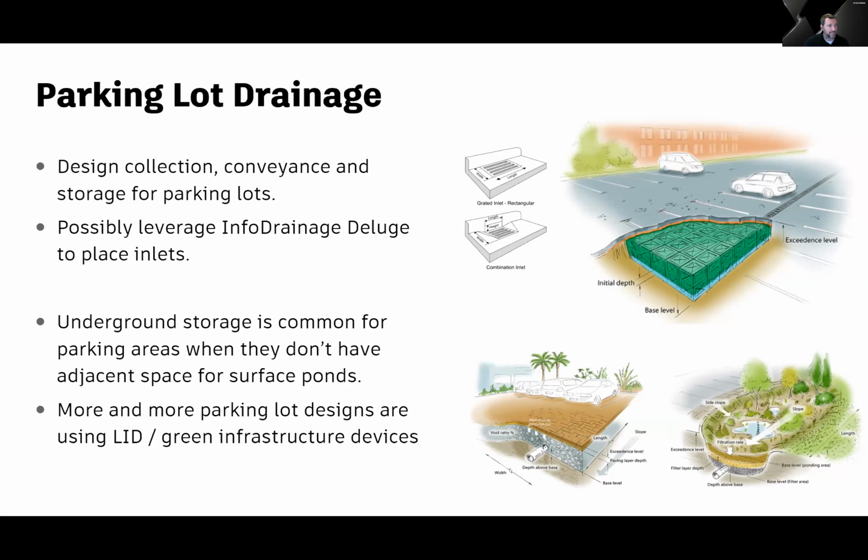And then certainly there's different types of storage that would be needed that could depend on the previous two items we talked about. If there's a pond adjacent to this, or if there's underground storage, or something else. Some of these other ones might come a little later, like porous pavement cells.